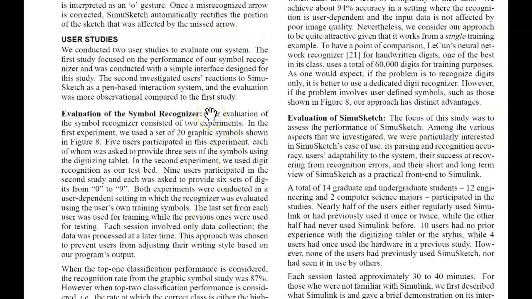Now let's look at the design or proof of concept article on SimuSketch. The user studies is the section that evaluates whether or not this worked. The first thing that the authors do is provide an overview. We conducted 2 user studies, so I know that there will be 2 studies in here, and they explain what the 2 studies do and what we can learn from it.